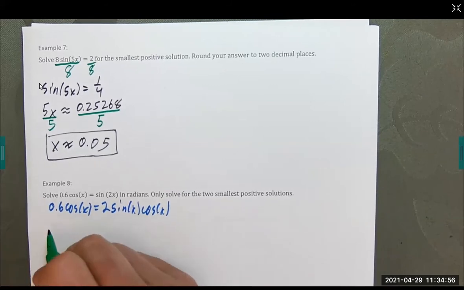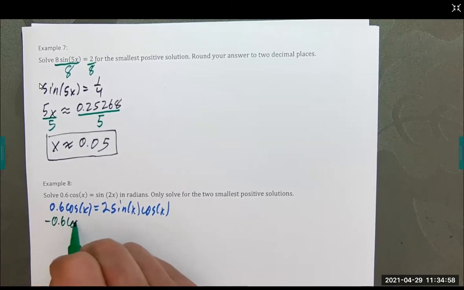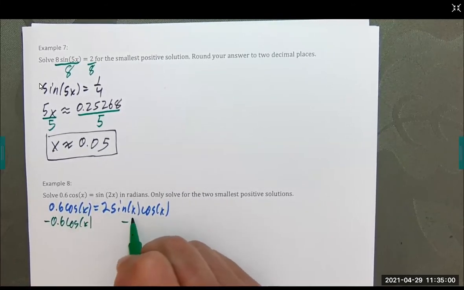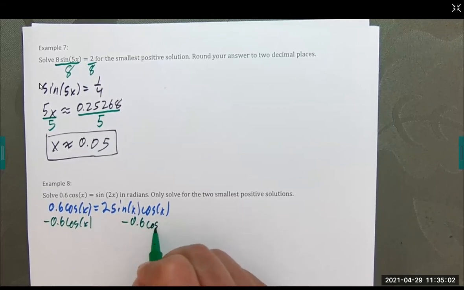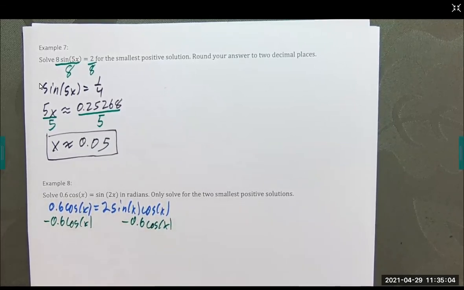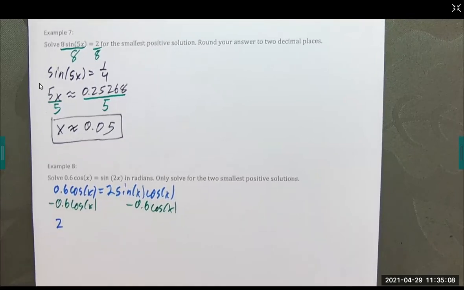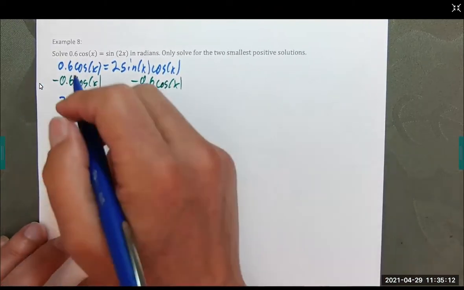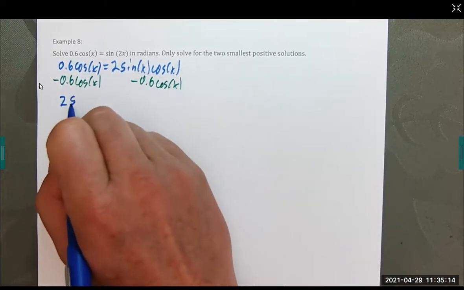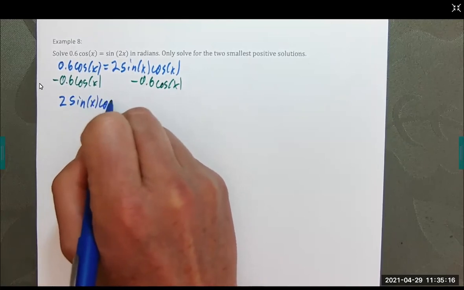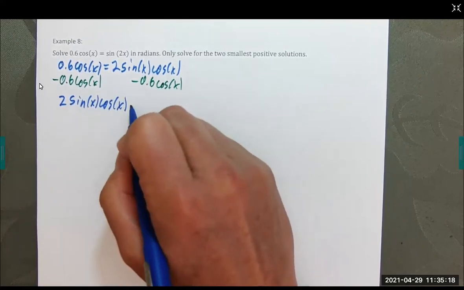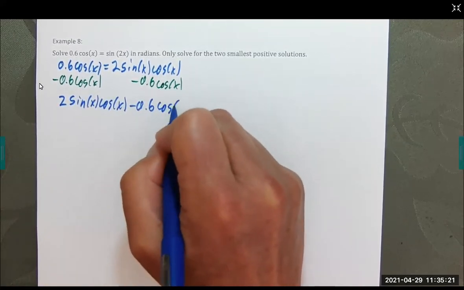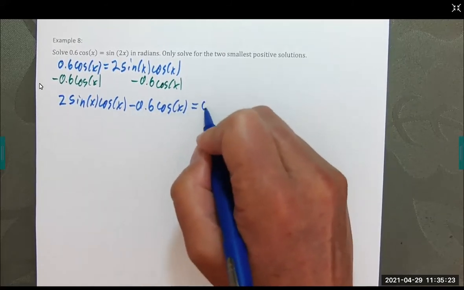I'm going to move this that way. End up with 2 sine x cosine x minus 0.6 cosine x equals 0.